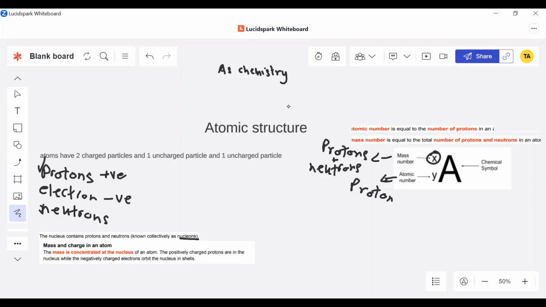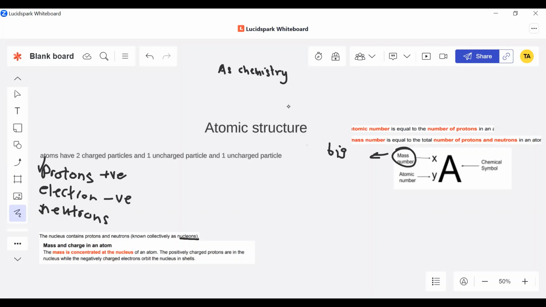So when they add up, you will get the mass number. It's usually at the top, and the proton number is usually at the bottom, this one right here. But sometimes this can be reversed, and you don't really need to know why, but just know that the mass number is always the bigger value, because mass number is the number of protons and neutrons in an atom.